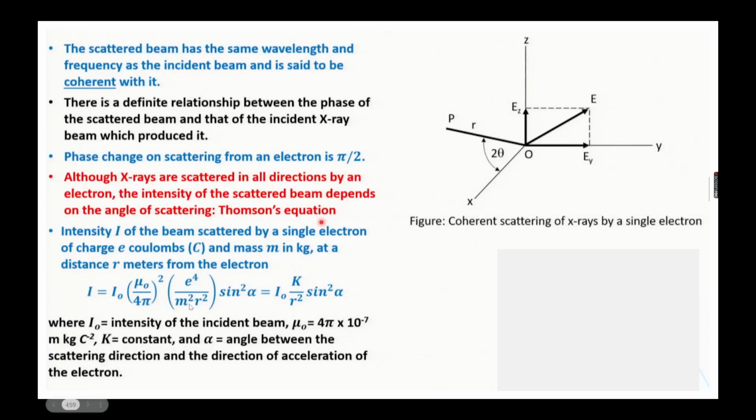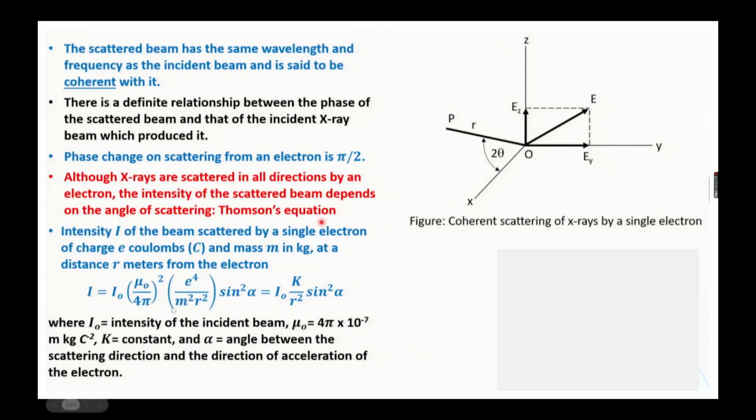If the angle, distance, and incident intensity are given, you can find the intensity of the beam scattered by the electron.